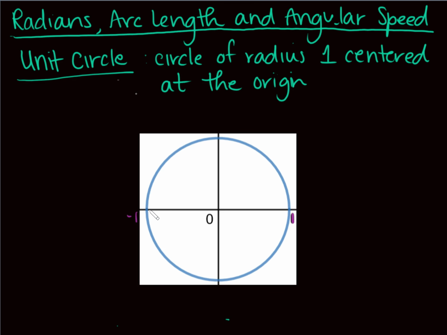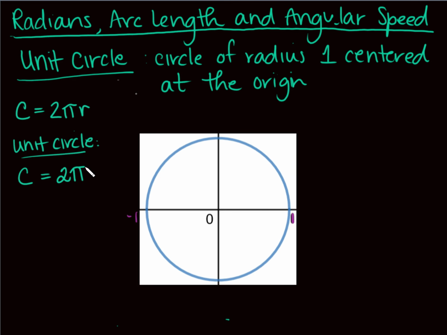We know that the distance around a circle, the circumference of a circle, is 2 pi r, or pi times the diameter. So in the unit circle, if I want to describe the circumference, my radius is 1, so the circumference will be 2 pi.